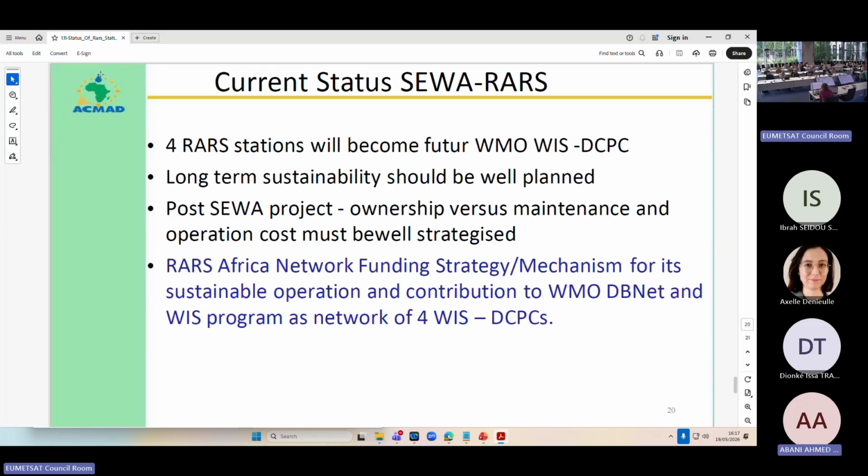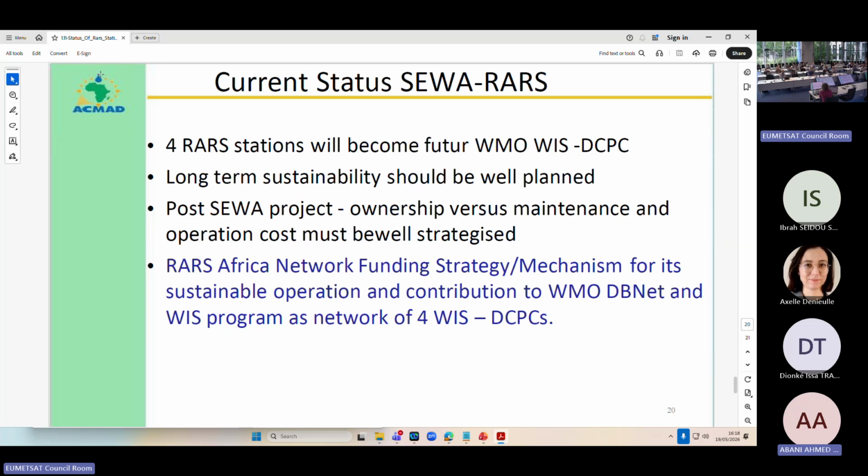This is the last slide in summary, which brings us to the key point, the idea of discussion on long-term sustainability, which should be well planned at the end of this program. The SEWA project ownership, maintenance, and operation costs must be well strategized, so that at the end of the SEWA program the stations will still be operational and contribute to DBNet as planned.